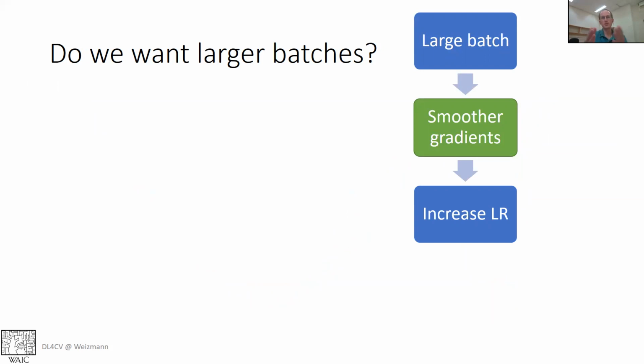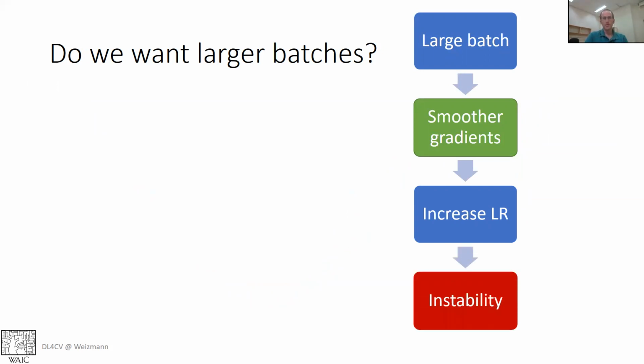However, this is nice when we do a minor increase in the batch size and a minor increase in the learning rate, but if we increase the learning rate very much because we increase the batch size very much, now we run into problems of optimization instability. If we optimize with a very large learning rate, as we saw in the first lecture, we can encounter instabilities in the optimization process.